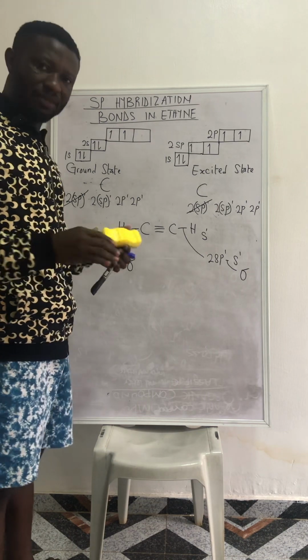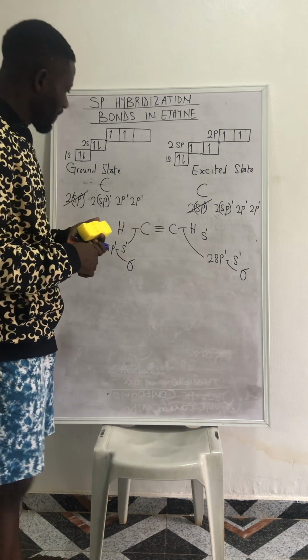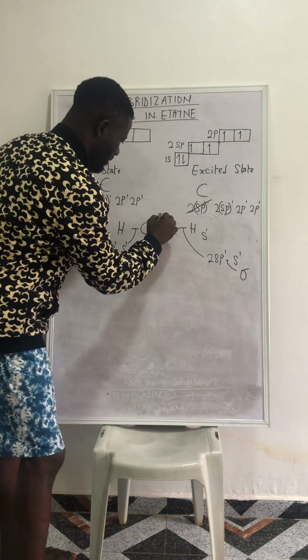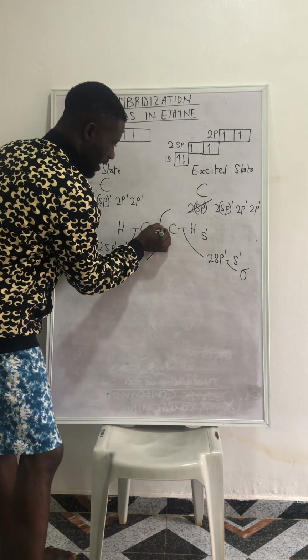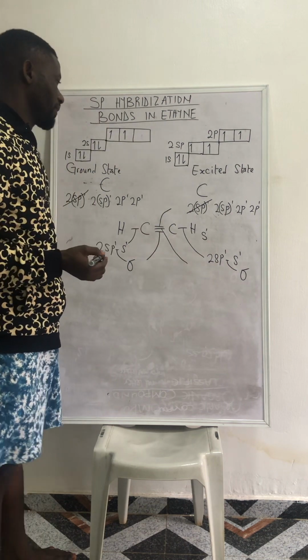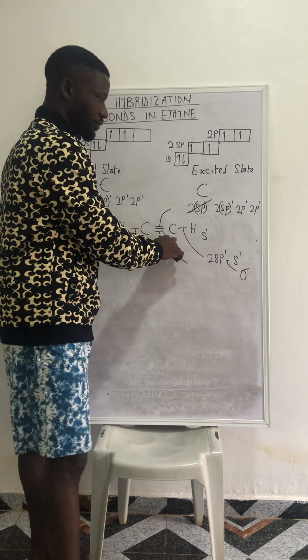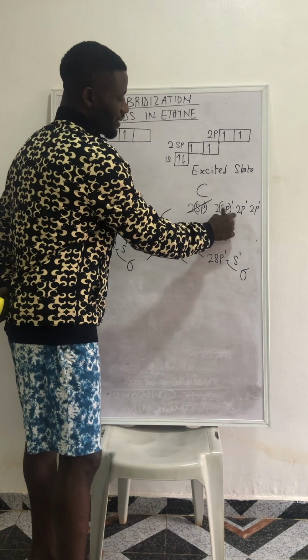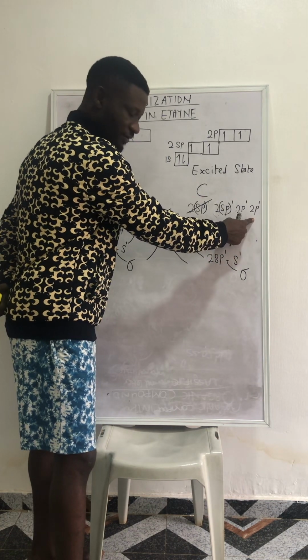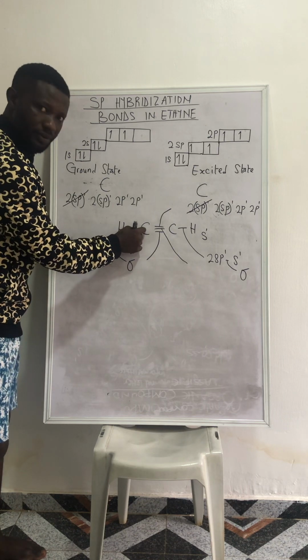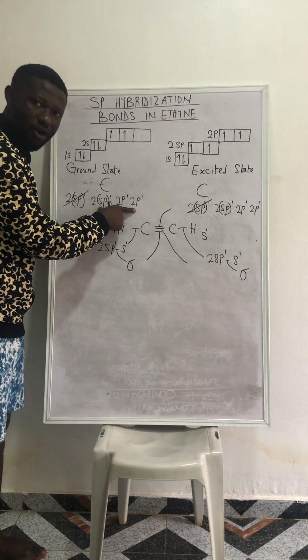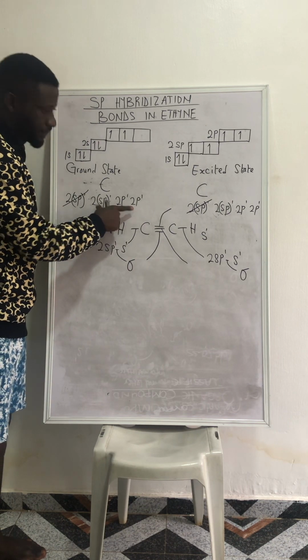Now, the next step that we need to take is, what about this? What about this? And what about this? This carbon has these three orbitals left for bonding. This carbon has these three orbitals left for bonding.